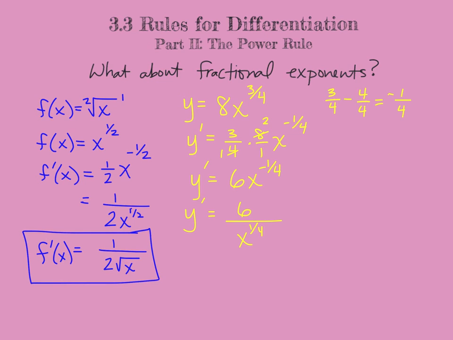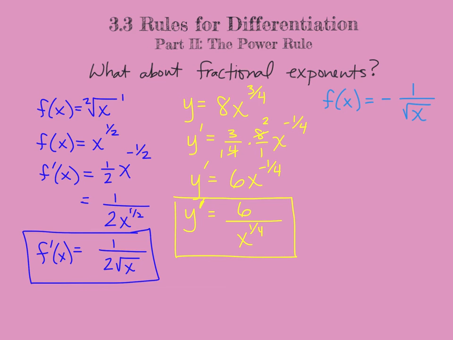Now, unlike in our first example, we don't change that to a fourth root of x because our initial function was not given with roots. So however your initial function was written, that's how you want to write your derivative. And so our initial function was written with a fractional exponent. That's how we can write our derivative.